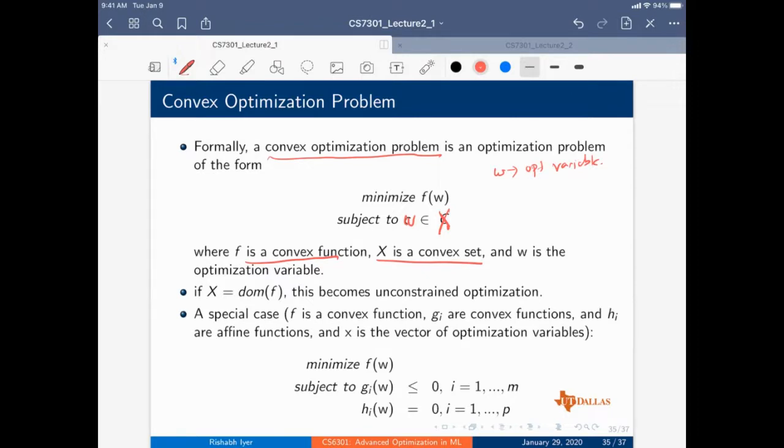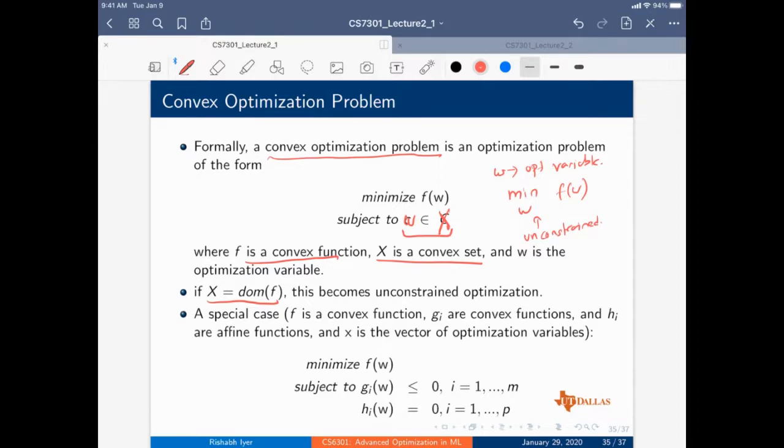It turns out that you can characterize this rich class of optimization problems as convex optimization. If X is nothing but the domain of f, then you don't really require anything because f itself is defined on its domain. So you can just write this as minimize over w, f of w. This problem is called unconstrained optimization.